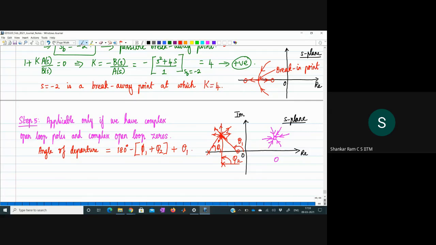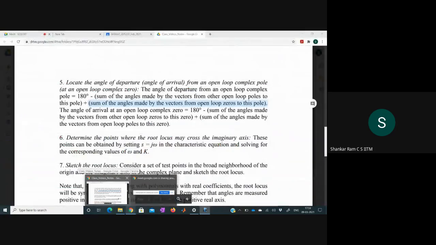So this is how you need to calculate the angle of departure from the open loop complex conjugate pole.